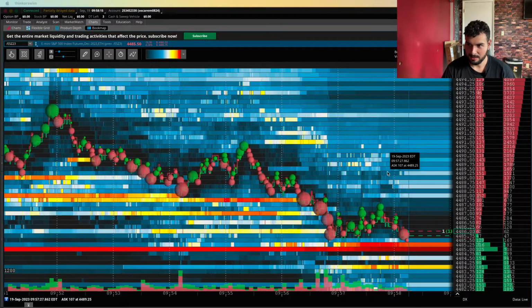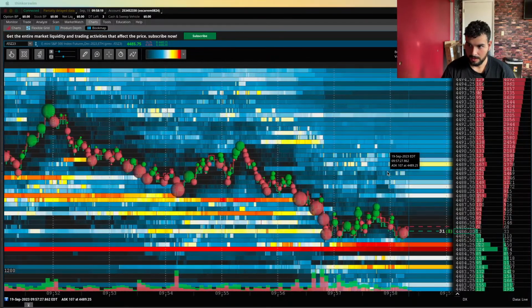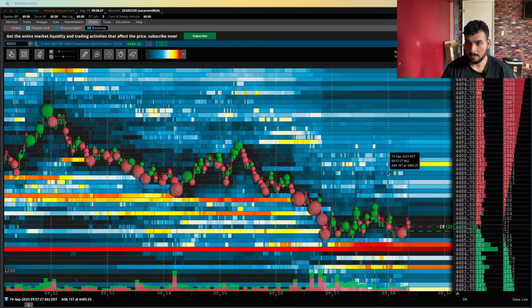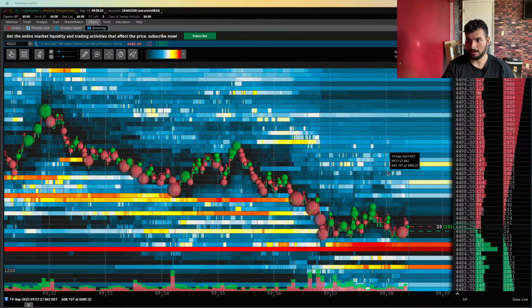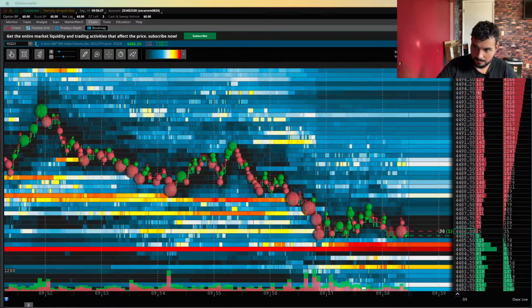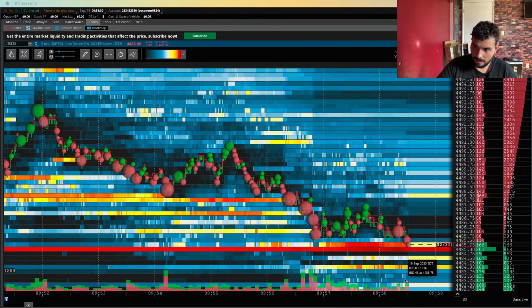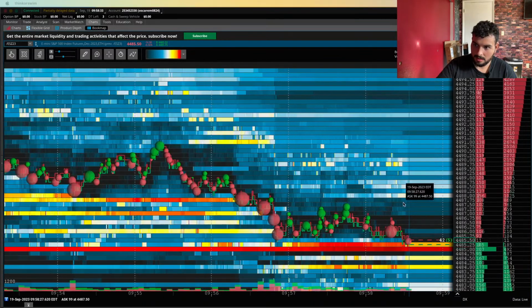See what happens when we hit these orders. Usually when those orders get filled, when they break through, the market moves pretty aggressively. So if we break through these orders here, then we can see a big move start to happen to the downside.